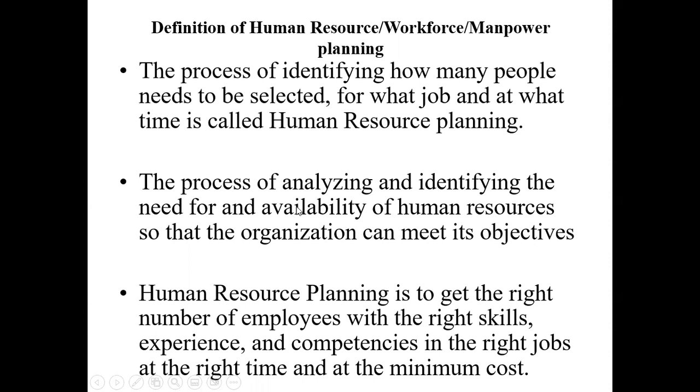Anytime a manager makes an attempt to analyze and identify the need for human resources, and when you say the need for, it is in terms of the quality and quantity and the availability of human resources. Availability means of what quality and quantity will be available so that an organization can achieve or meet its objectives. And you are doing human resource planning.